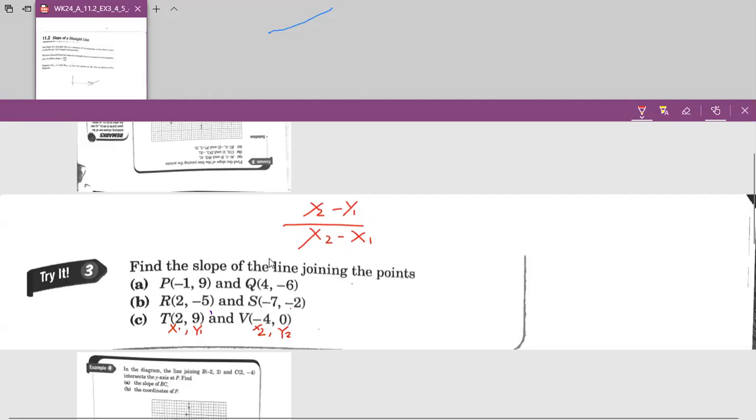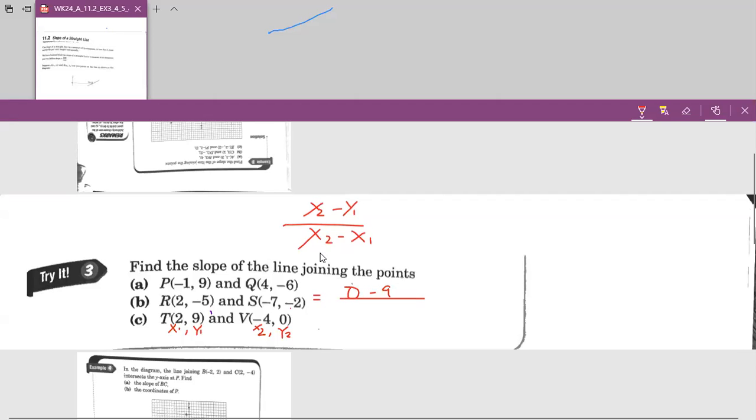All right, Timmy, can you tell us what is the y2 minus y1 for question C? 0 minus 9. Excellent, 0 minus 9.